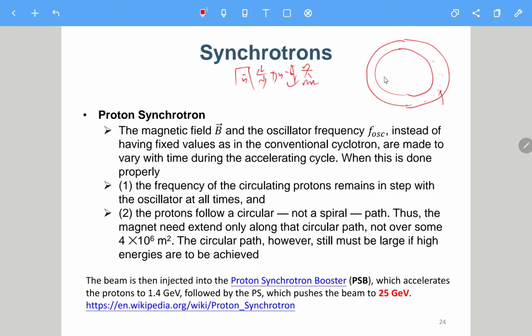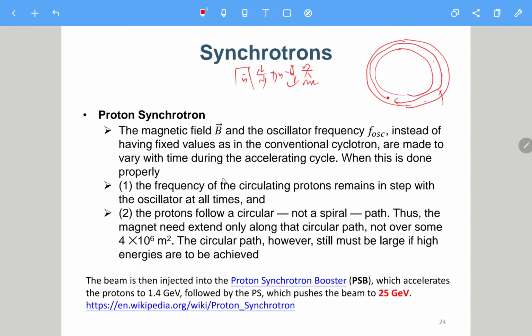The radius should still be large, but the cross-section area is smaller, so that we can make a larger B field inside this region. And in this case, the control of the E field should be more complicated to maintain the particle's acceleration inside this ring. Otherwise, it may collide with the wall and then it will decelerate.